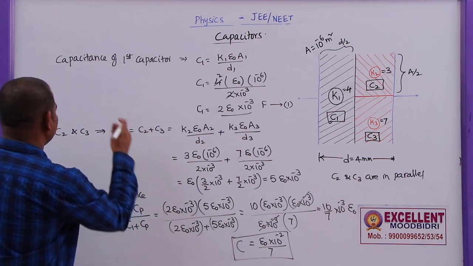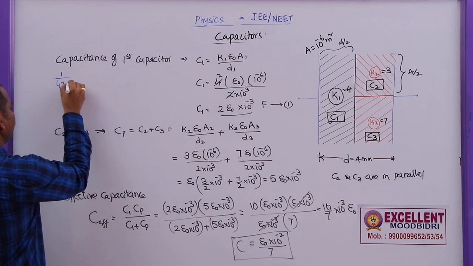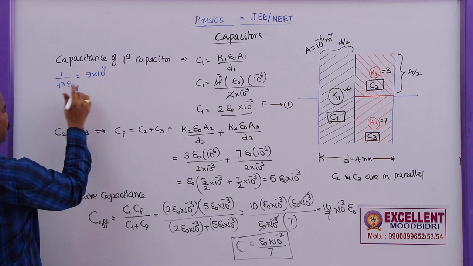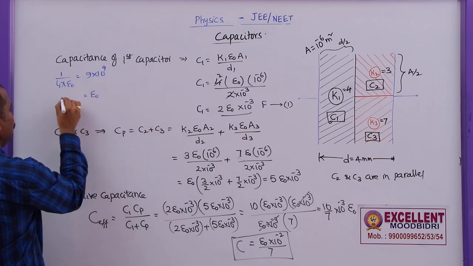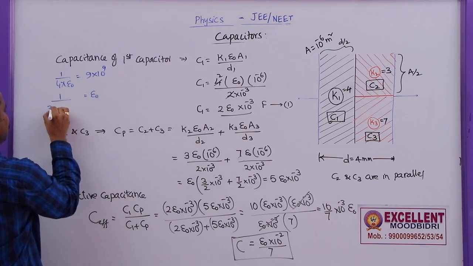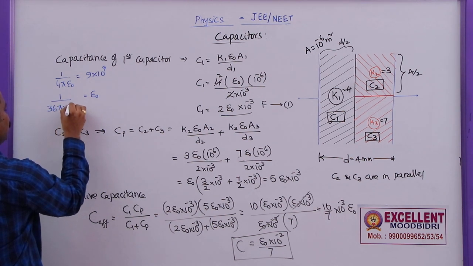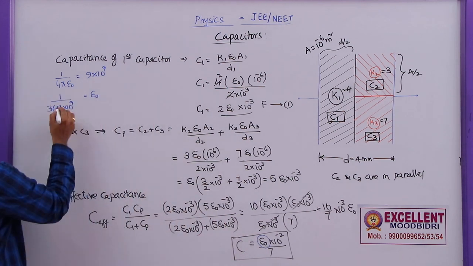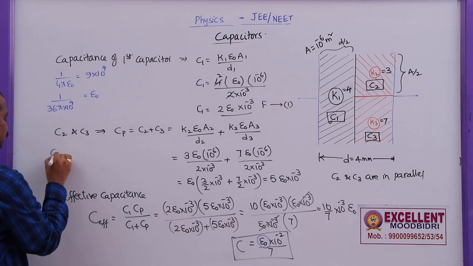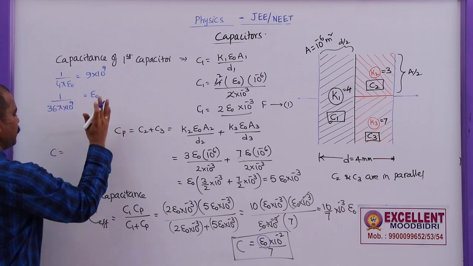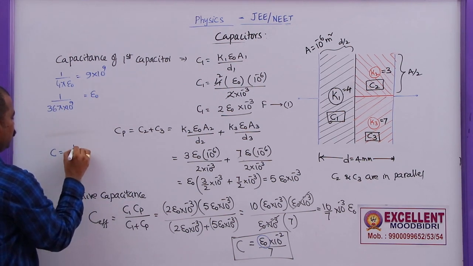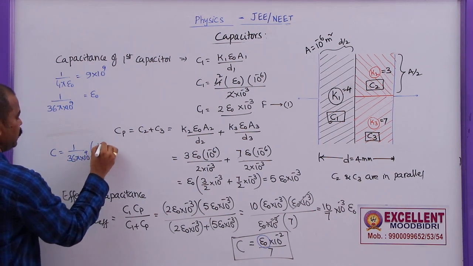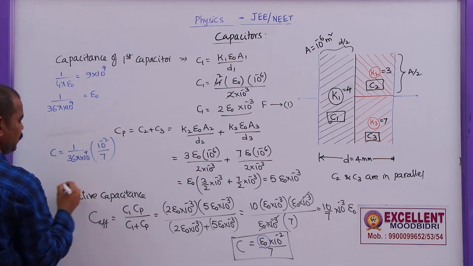We know the expression for this one, 1 by 4 pi epsilon naught is equal to 9 into 10 power 9. So what is epsilon naught? This will be 1 by 36 pi into 10 power 9. So you can replace this epsilon naught with this value. So this answer will become C is equal to 1 by 36 pi into 10 power 9, into 10 power minus 2 by 7.